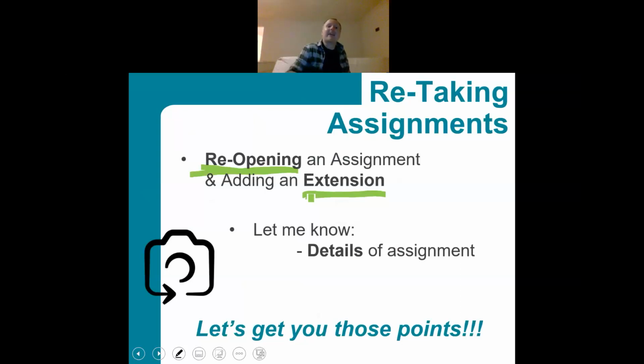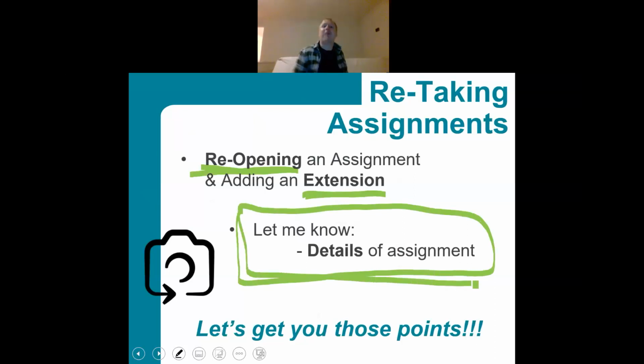If that's the case, message me and be sure to include the details of what assignment it was. If I get a message that's just like, oh, I didn't get it done, that becomes very difficult for me to go through every single piece of work that you've done. I usually am able to do that, but it might take a little longer to hear back from me. So if you include a little bit of detail, I'll definitely get those assignments open for you.